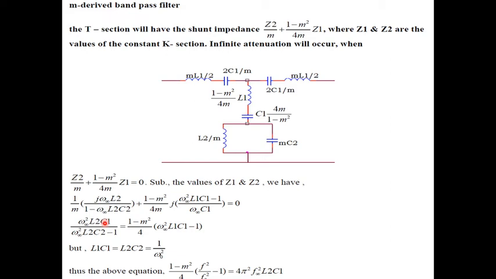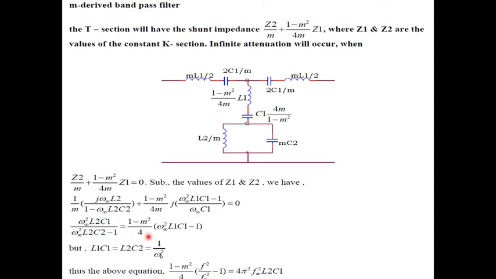While making the simplifications, the omega square infinite may get cancelled. Then L1 C1 should be equal to L2 C2, which should be equal to 1 divided by omega naught square.